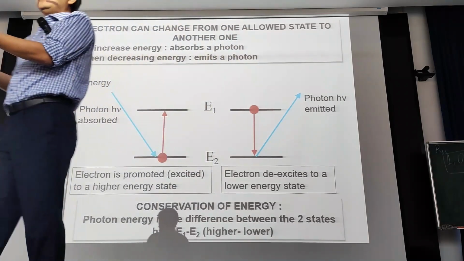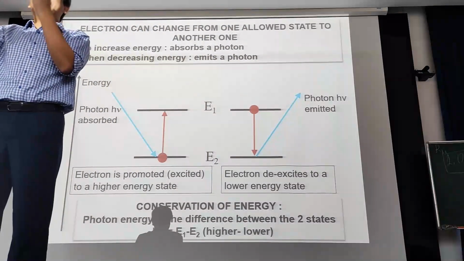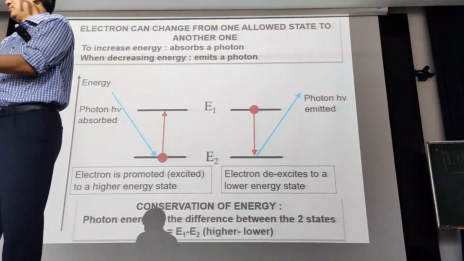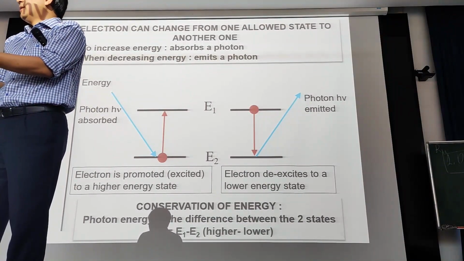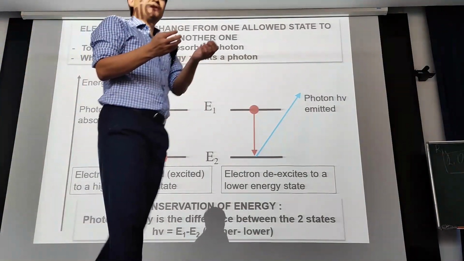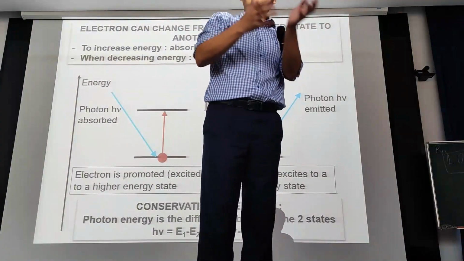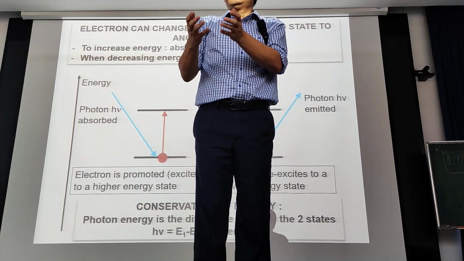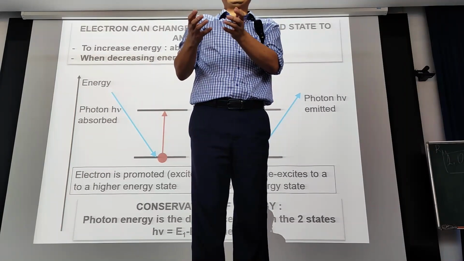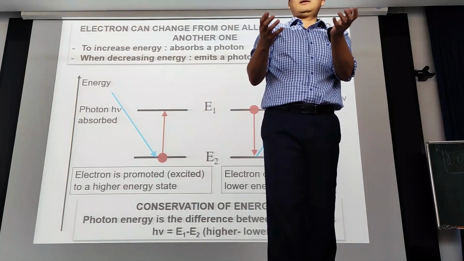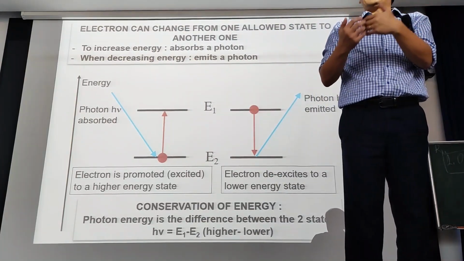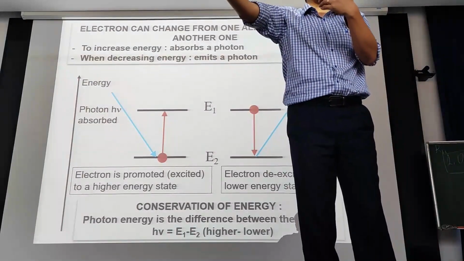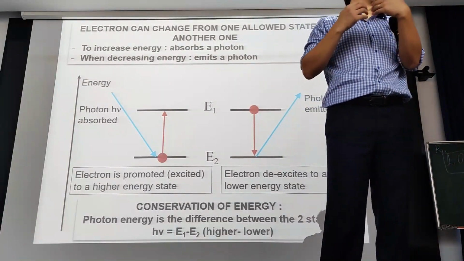However, in reality, when you do the measurement, you will not have number 1 equal to number 2. You will have number 1 smaller than number 2. That means the energy you emit will be smaller than the energy you absorb.